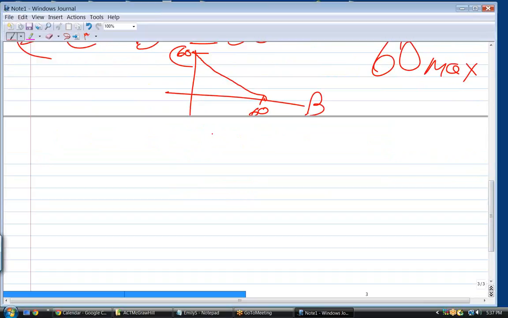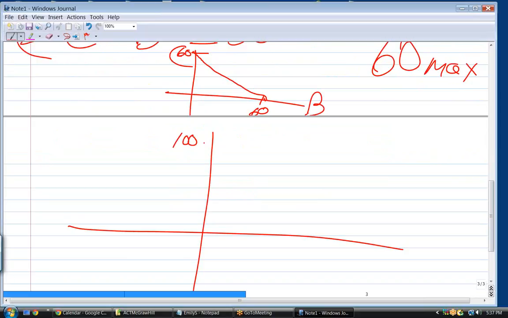Let me redraw this thing. So one inequality is this. I have to be on the left side of that inequality.